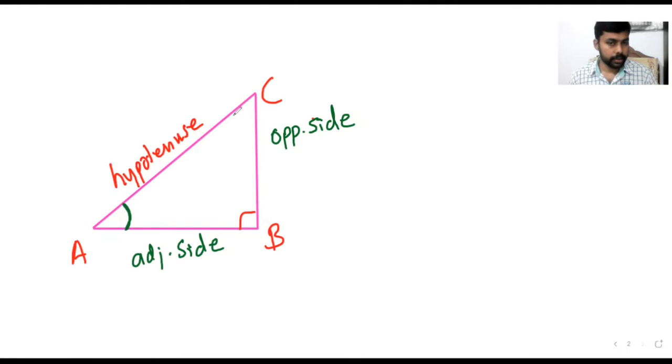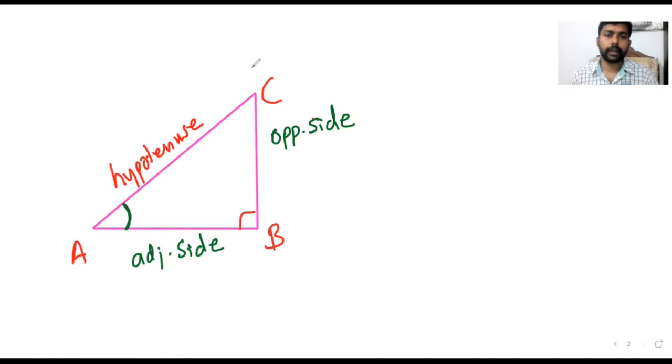In the same way, I can consider C. If I am considering C as the angle under consideration, AB will be the opposite side and CB will be the adjacent side. Anyhow, I am now taking angle A. The idea of trigonometry is that if you are fixing the measurement of angle A, and if you change the measurement of the opposite side, the adjacent side and hypotenuse will also change accordingly.